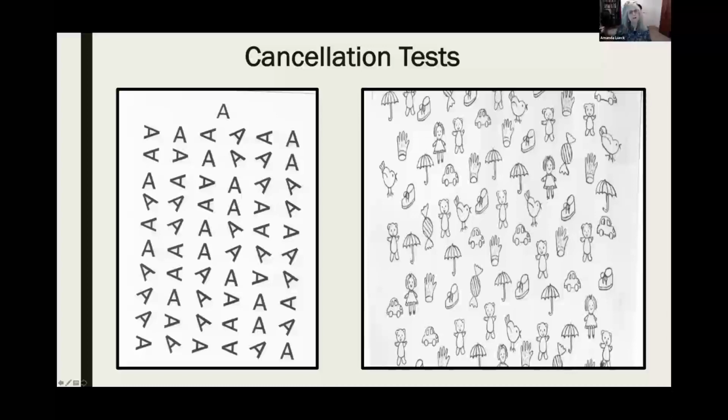So I tried this, and also this is a teddy bear test where you just cross out all the teddy bears. And what I found that was really interesting with children with CVI is that their search patterns are really different. They might just go here and then here and then here and then go back, or they might do a certain portion of the page, then go back and do another portion of the page.